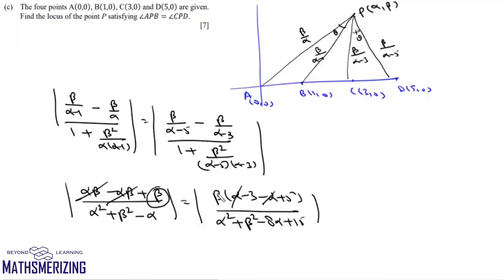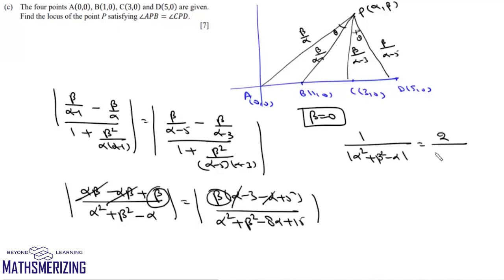Now here one solution that we will get is when the value of beta is 0, and the other solution will be when 1 upon mod of alpha square plus beta square minus alpha is equal to 2 upon mod of alpha square plus beta square minus 8 alpha plus 15.